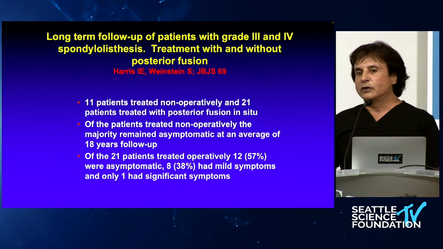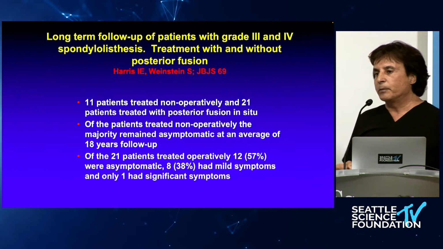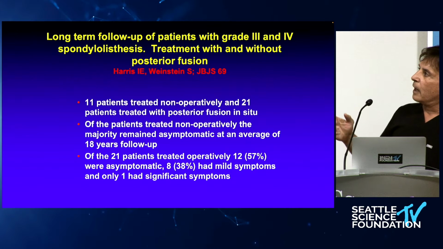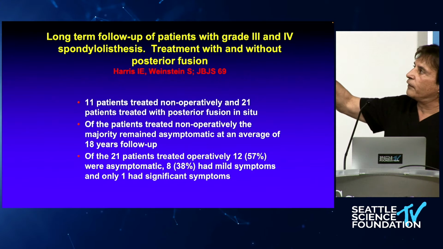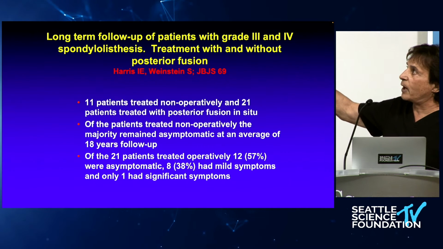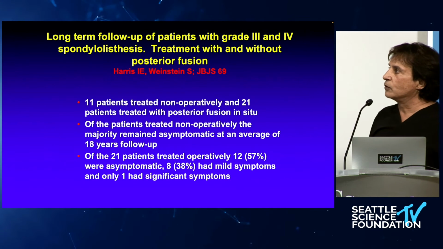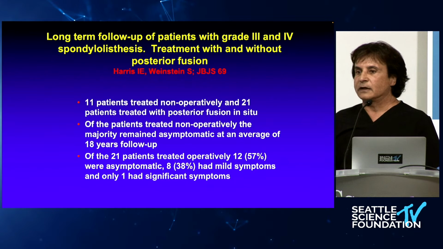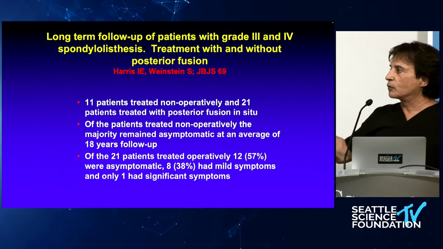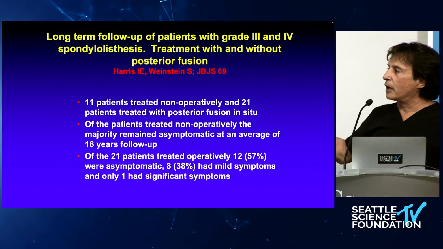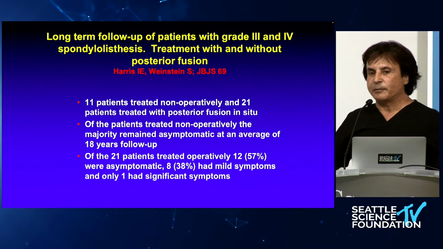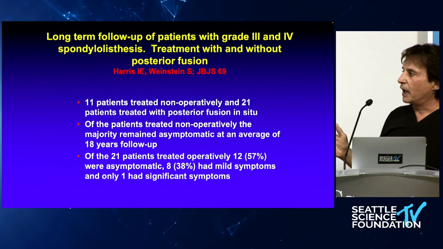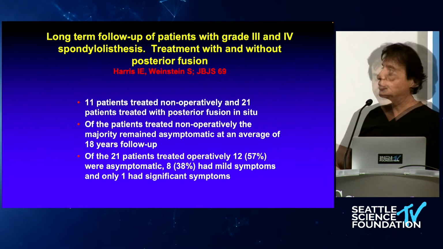But again, not being able to address the spinopelvic relationship. Weinstein also reported long-term follow-up of patients with grade 3 and grade 4 spondylolisthesis, with and without posterior fusion. And again, he found 18 years later that those who were treated non-operatively remained asymptomatic, on average, and those who were treated operatively had the problems.